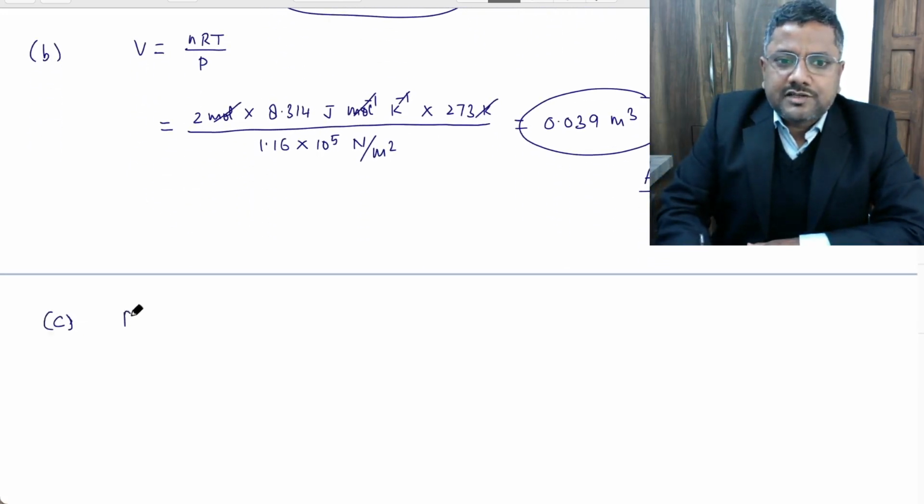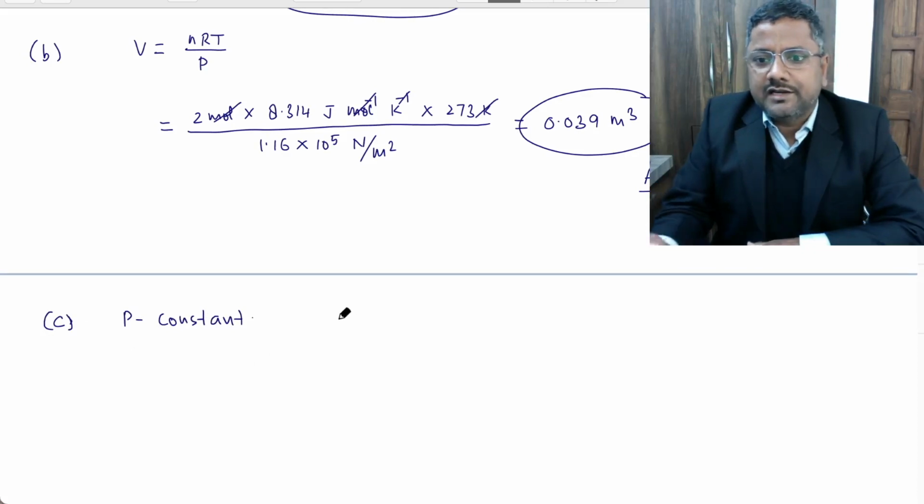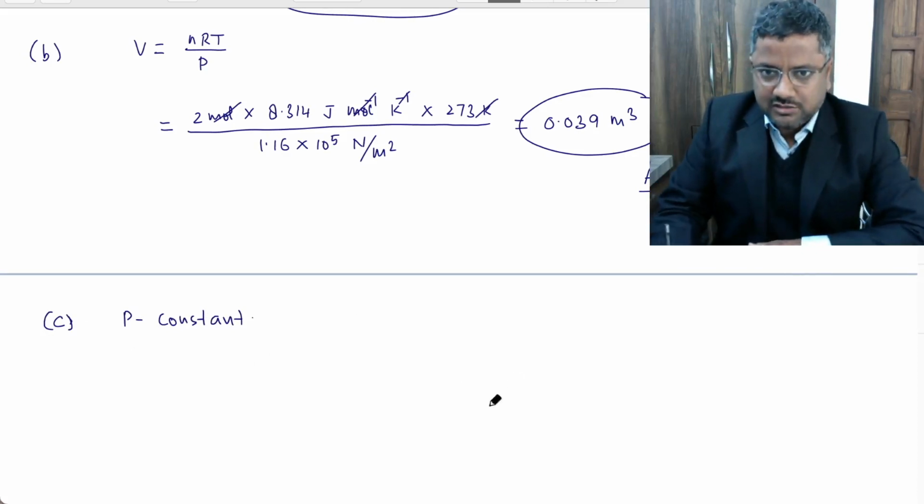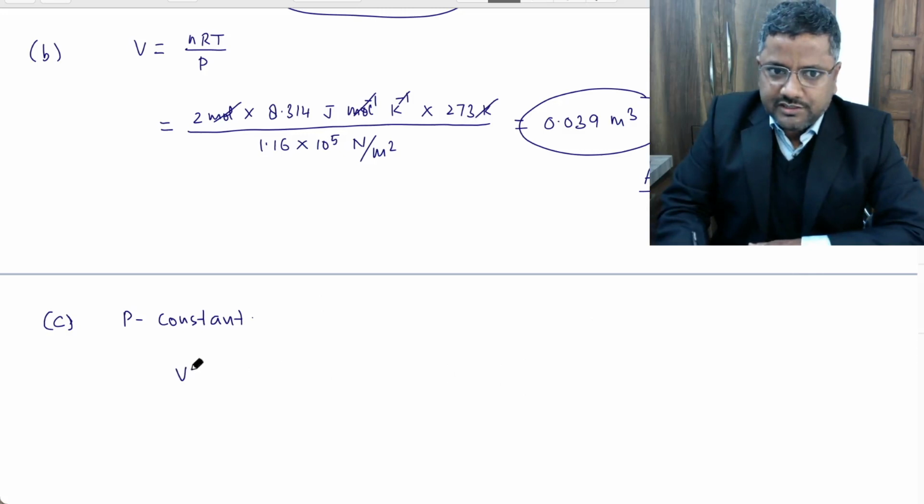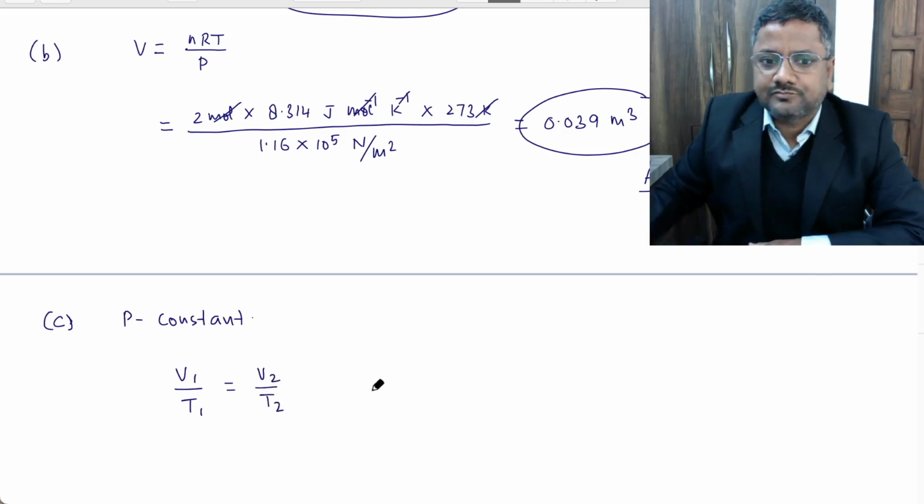pressure is constant, P is constant, it is given. So if P is constant and gas is heated to 100 degrees Celsius, we can use V1 by T1 is equal to V2 by T2, right?